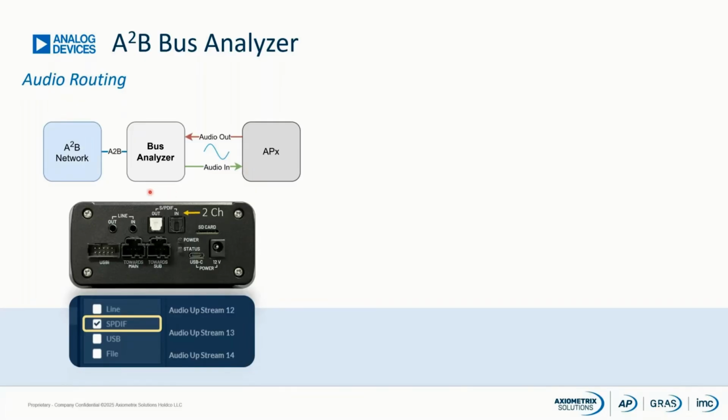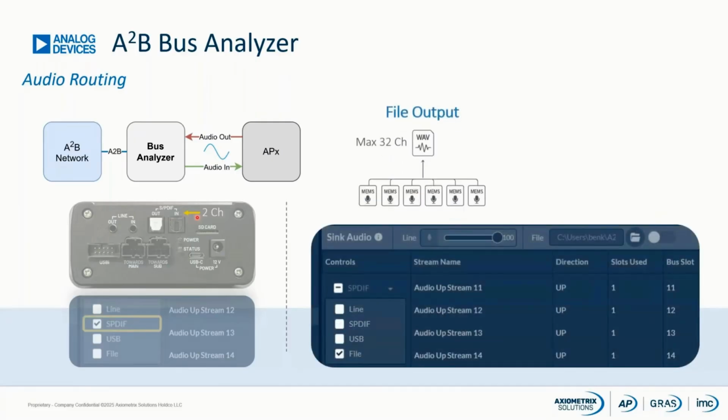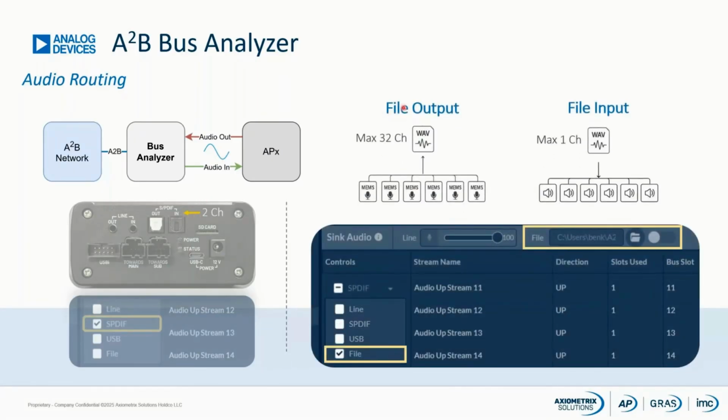Interfaces on the analyzer include this two-channel SPDIF interface via the Toslink connectors, as well as the file input capabilities of the bus analyzer software. So that allows you to stream audio to or from the network using a WAV file.